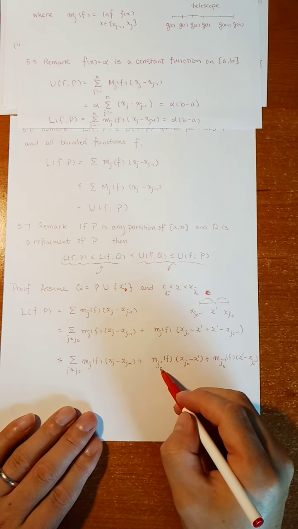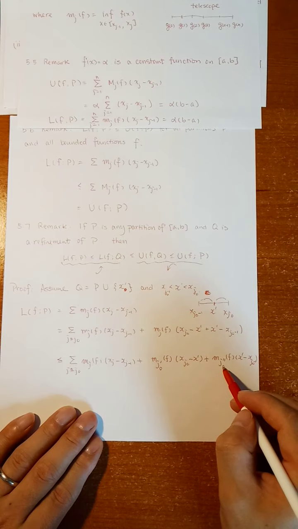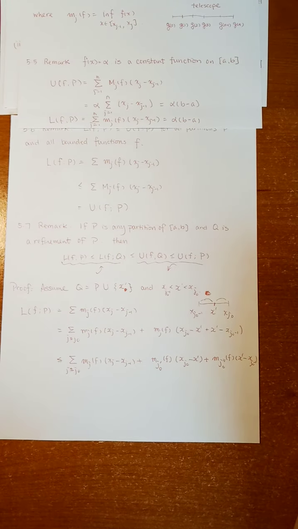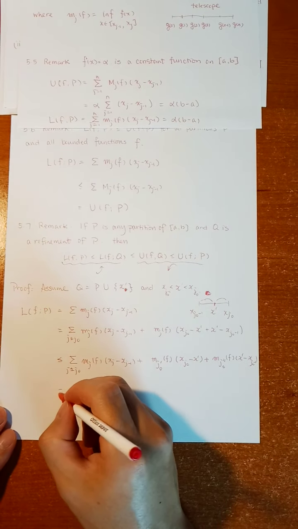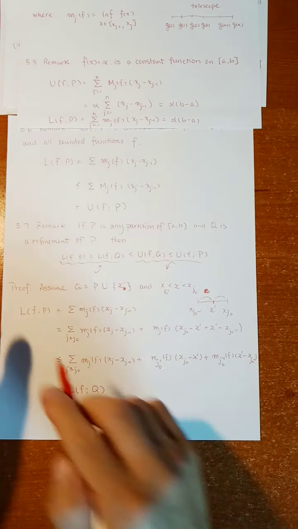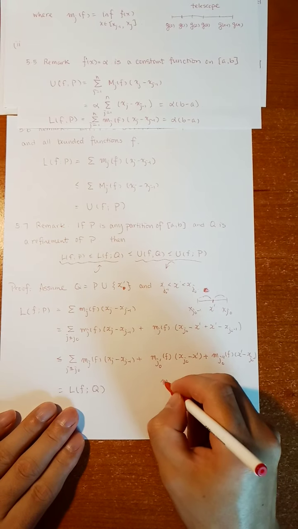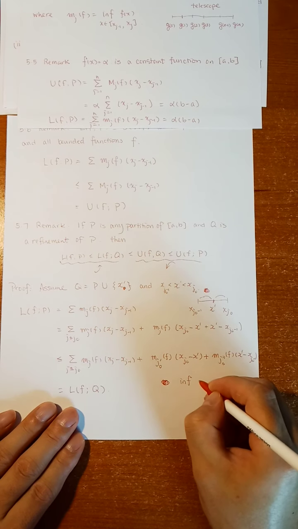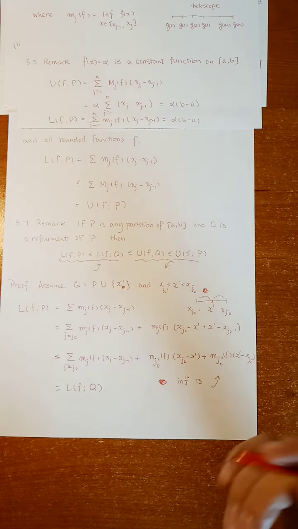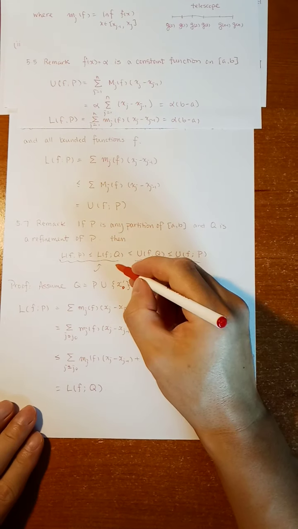Here m_{j_0}' is the infimum over the first subinterval, m_{j_0}'' is the infimum over the second subinterval, and this is equal to the lower sum of f,Q. So we do prove this. Here we use that the infimum is increasing when you shrink the domain. And this part is done.